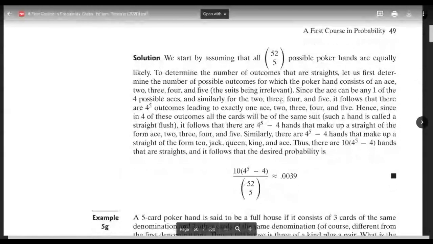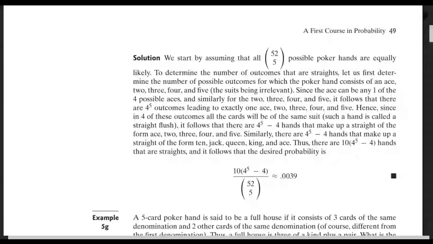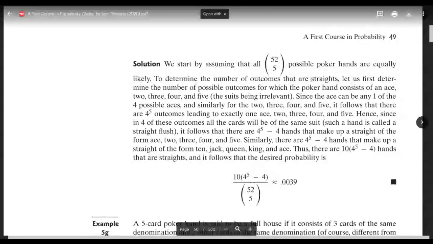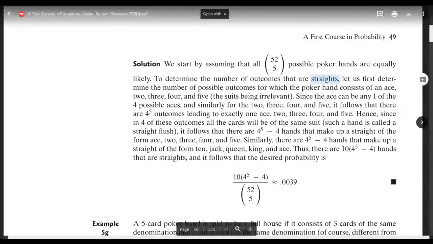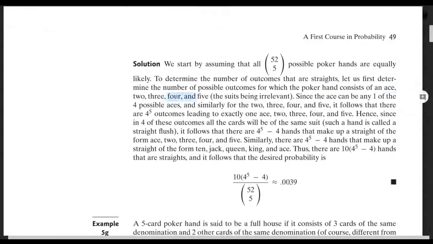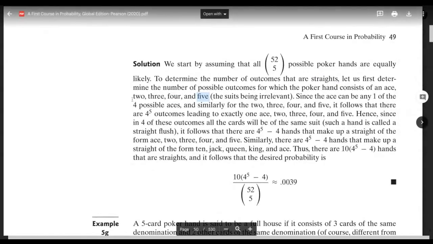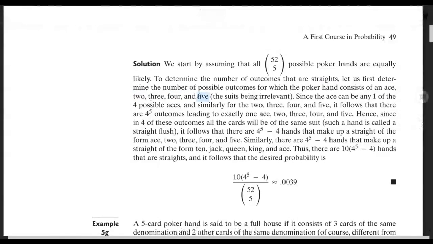Then to determine the number of outcomes that are straights, let us first determine the number of possible outcomes for which the poker hand consists of ace, 2, 3, 4, 5. Ace is the letter A, usually we treat it as 1. So ace, 2, 3, 4, 5. The suits being irrelevant, we don't care which suit.